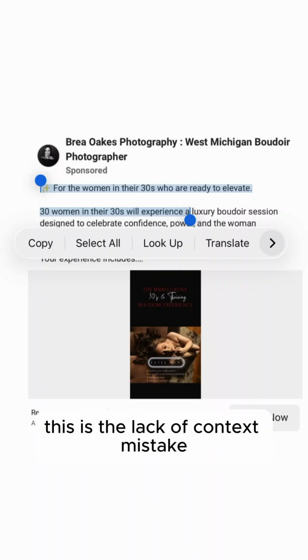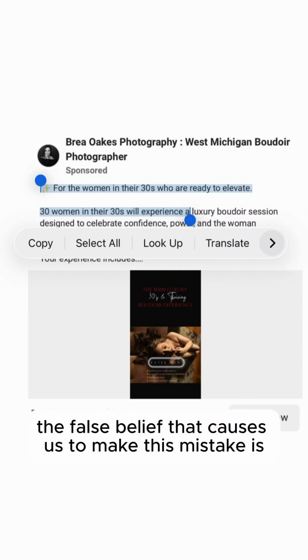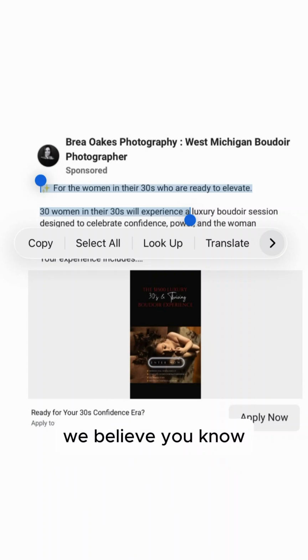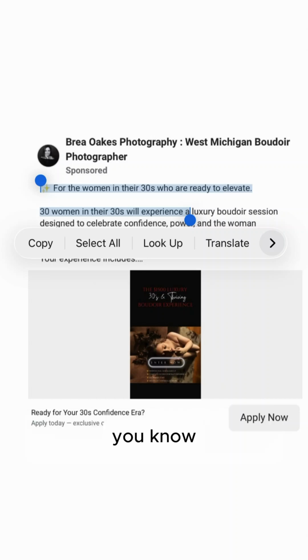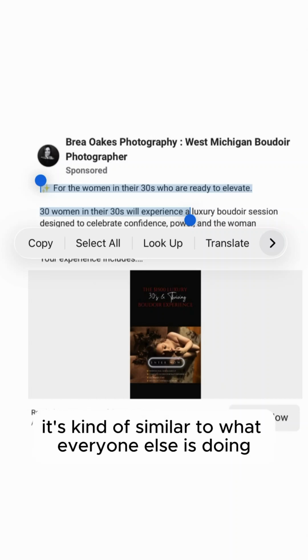Yeah, this is the lack of context mistake. The false belief that causes us to make this mistake is we believe we provide a good enough headline to get good enough results, and it's similar to what everyone else is doing.